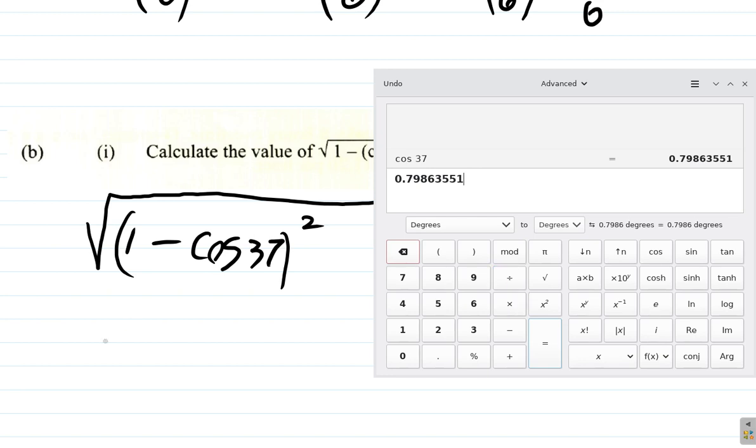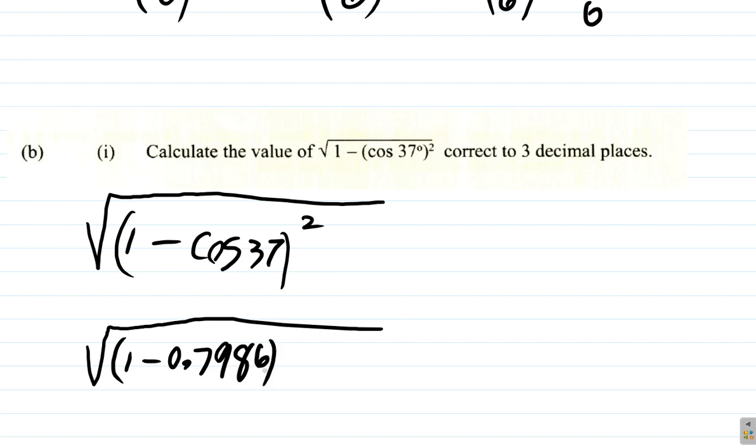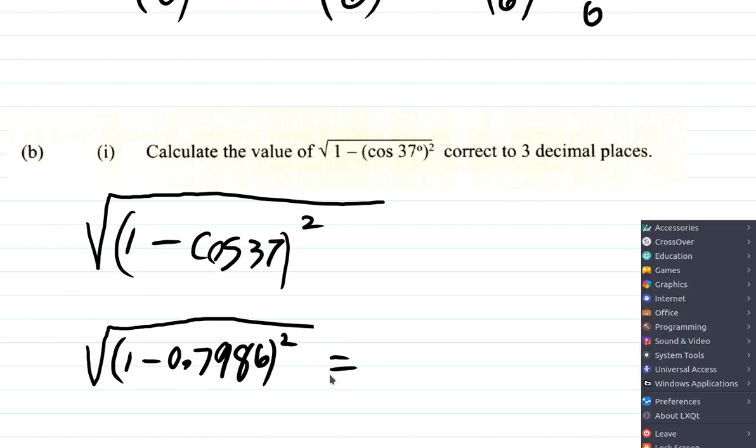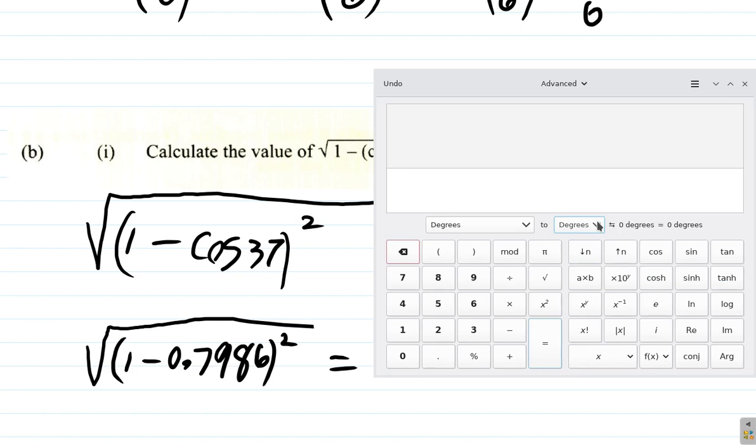If we work with 4 decimal places here, we have 0.7986. So what we have, 0.7986 we're working with, is 1 minus 0.7986 squared. All right? So now, what is this equal to? We get back to our calculator.